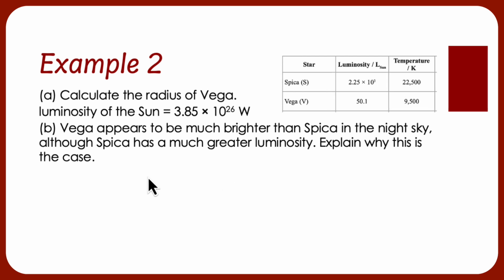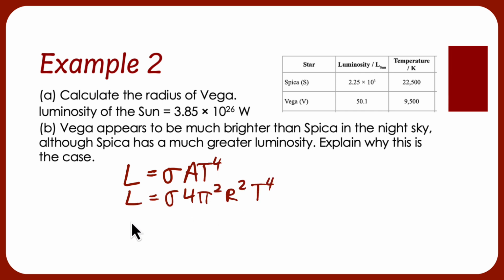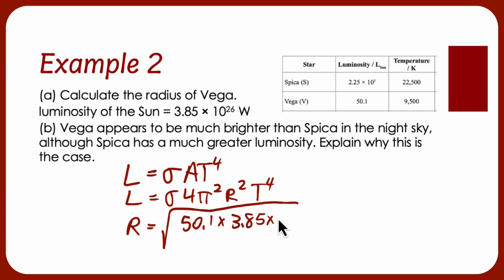And I have a temperature, so let's use our equation. L is sigma times area times temperature to the power 4. If I rearrange that, my luminosity is going to be 50.1 times the luminosity of the Sun.